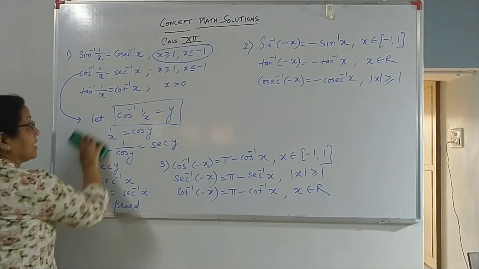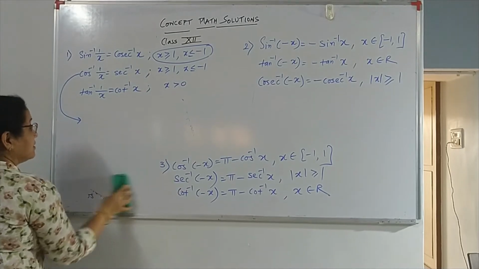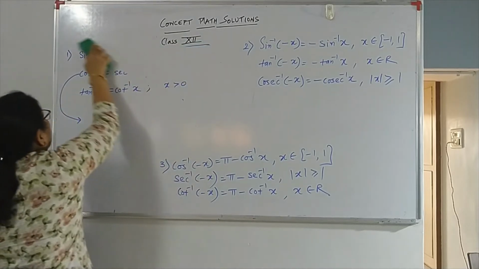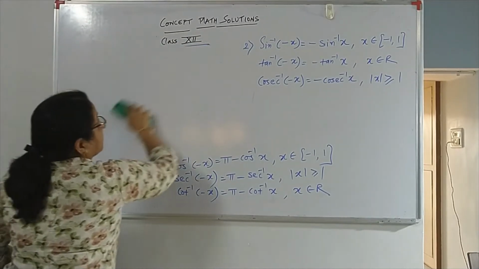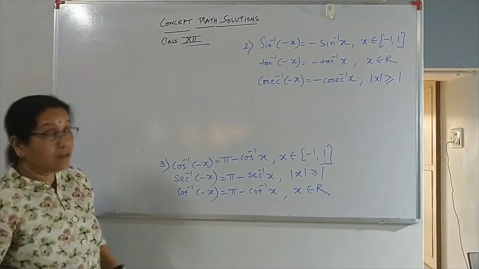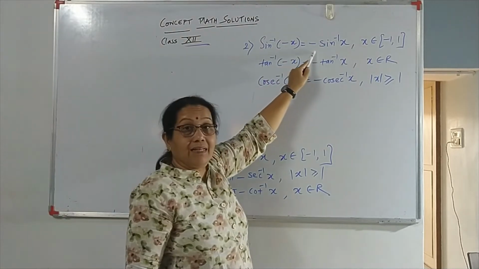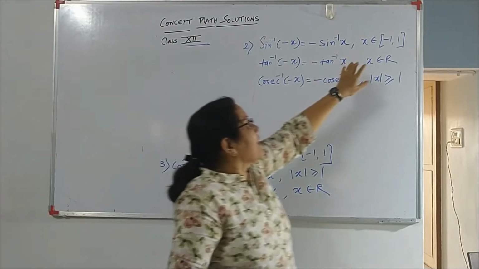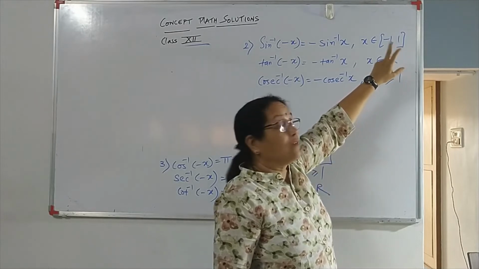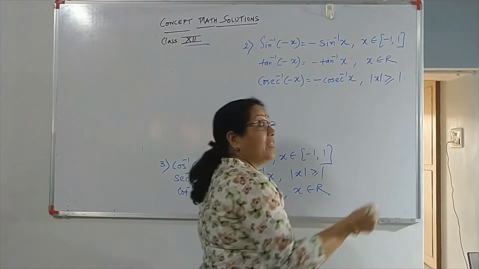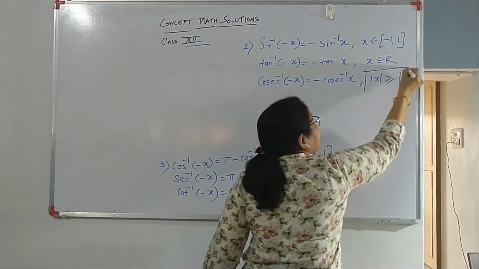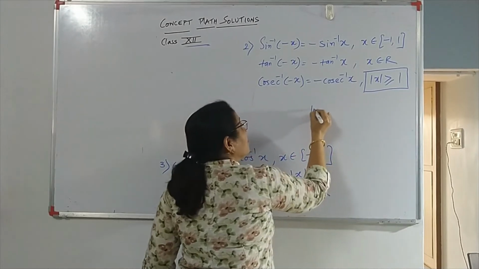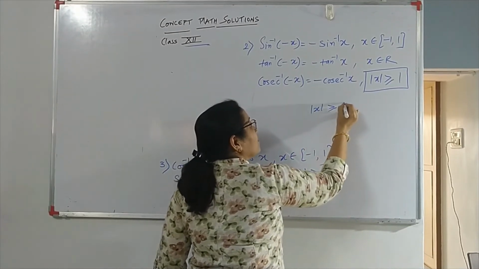Coming to the second group of identities, if I look at this, sine inverse of minus x is minus sine inverse x. Now look here, x belongs to minus 1 to 1, domain and range. I am very keen on discussing this interval. This is modulus of x greater than or equal to 1.